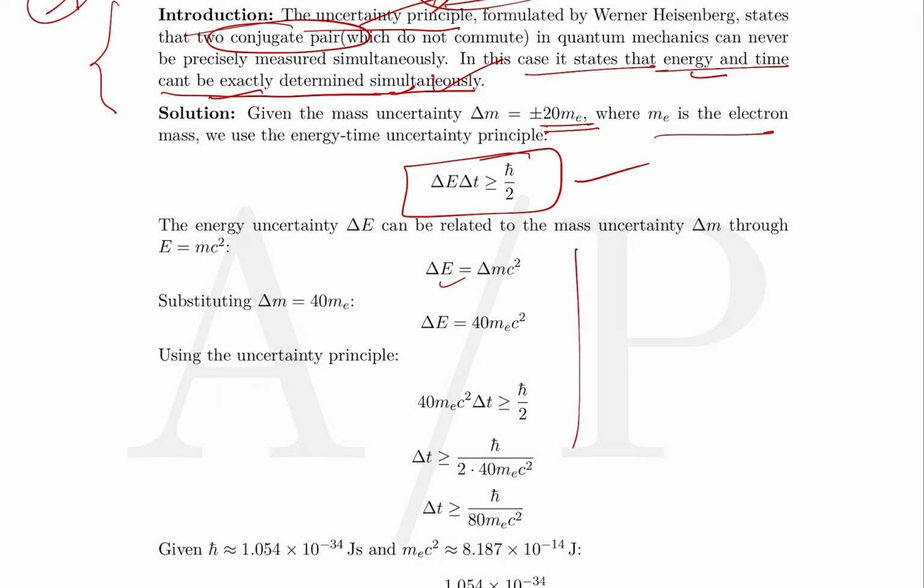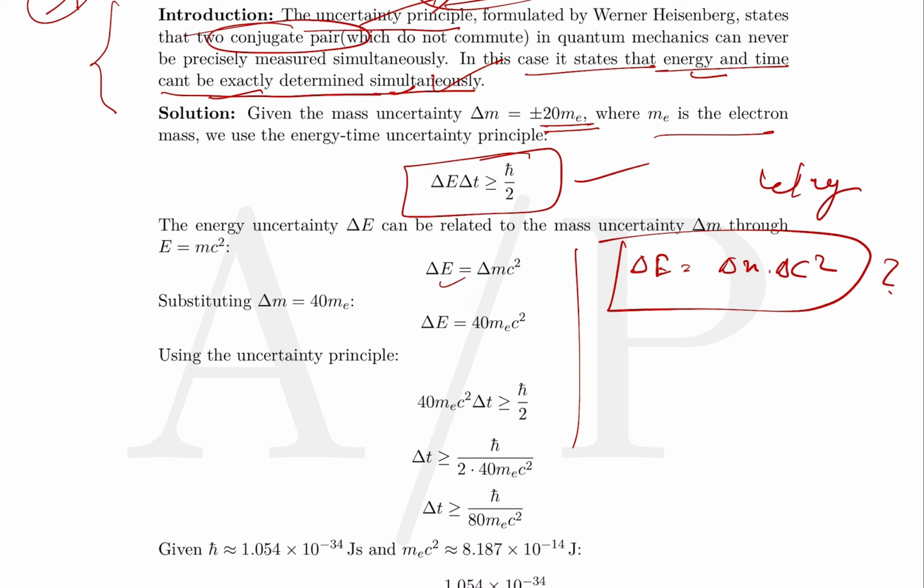And now just a very basic question: why not ΔE equal to ΔM into Δc²? Just answer it in your mind. Why only ΔE equal to ΔM into c²? Very fundamental question.